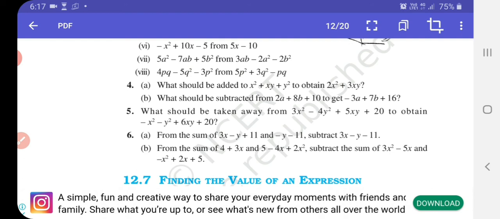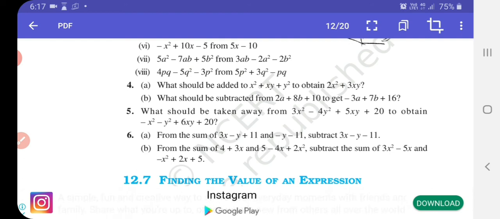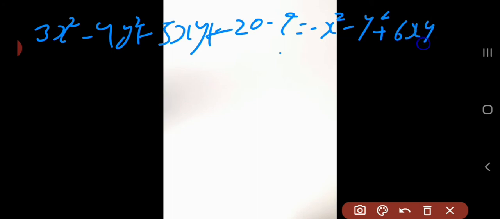So what do you do, let's see. For question number 5, our required expression is 3x square minus 4y square plus 5xy plus 20 minus question mark is equal to minus x square minus y square plus 6xy plus 20. Now we have to find the value of the question mark.